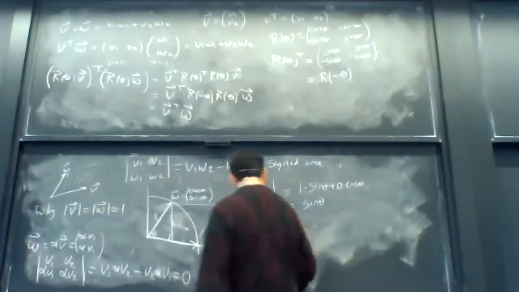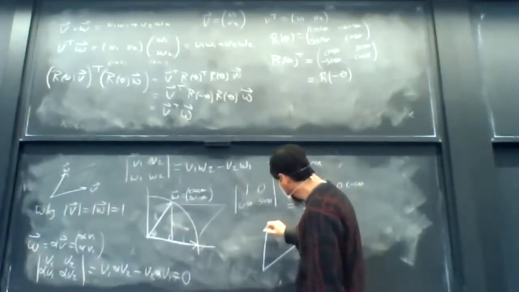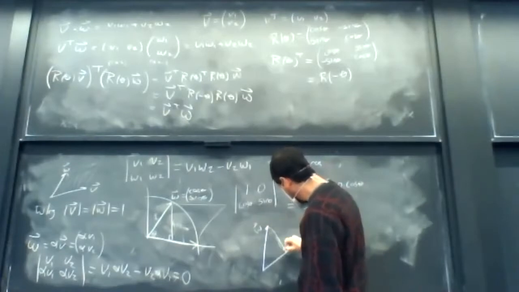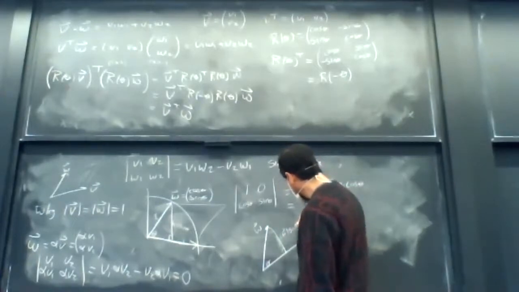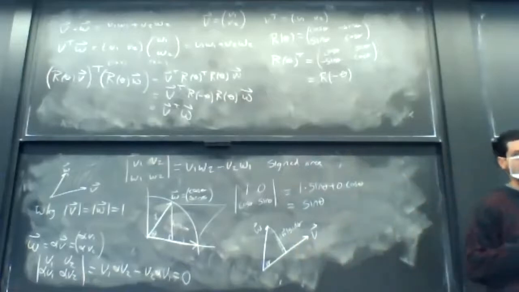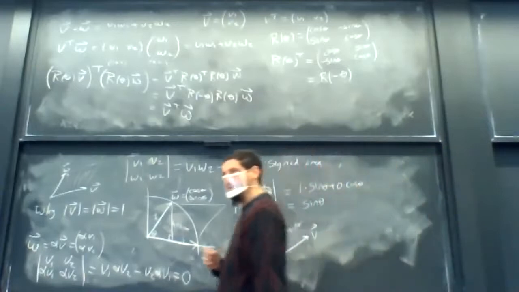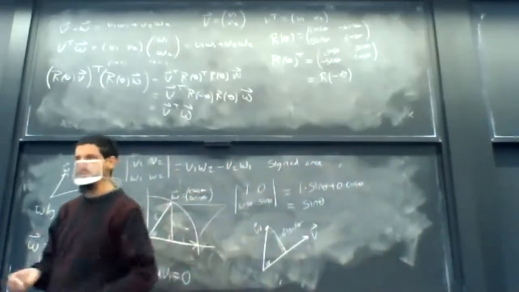Now, unfortunately, we try to do things in general. Here's V, here's W, here is theta, and this is going to be the length of W times the sine of theta. We don't have anything nice for sine of theta.